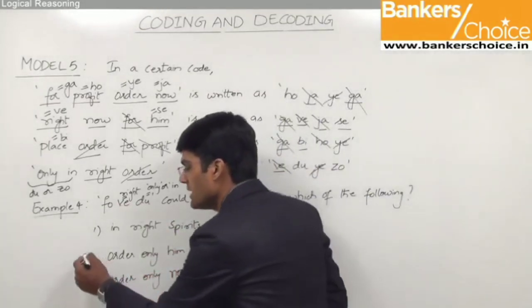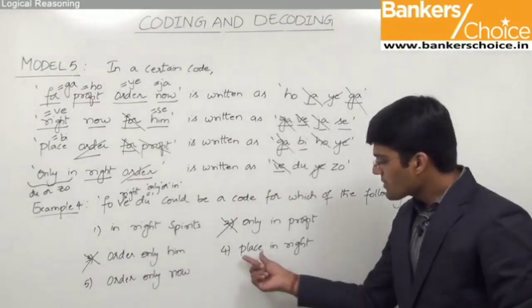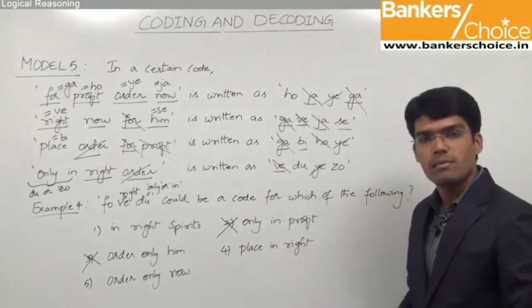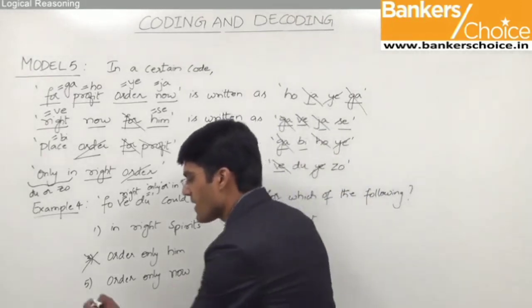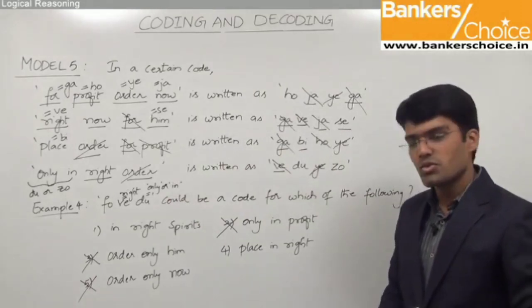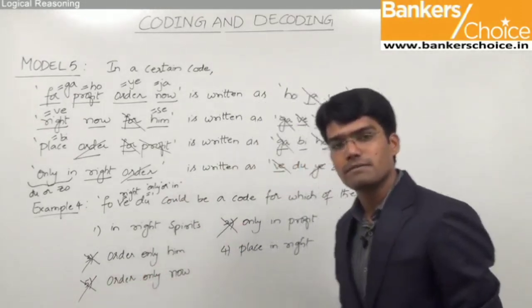Similarly, option 3 cannot be the answer, as the word "right" is not present. In option 4, we find that the word "right" is there. So it may be a probable answer, but again option 5 cannot be the answer, as the word "right" is not present. So far we have eliminated 3 options: option 2, 3 and 5.